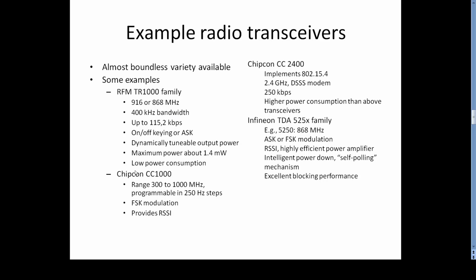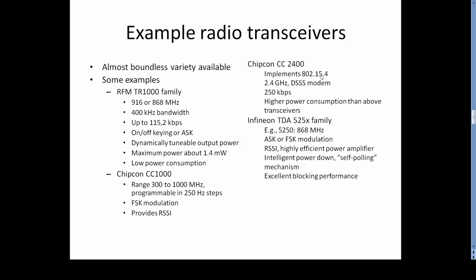Next example is Chipcon CC1000. The range is 300 to 1000 megahertz, and it is programmable, it uses FSK modulation, and it provides RSSI, radio signal strength indicator. And another example is the Chipcon CC2400.